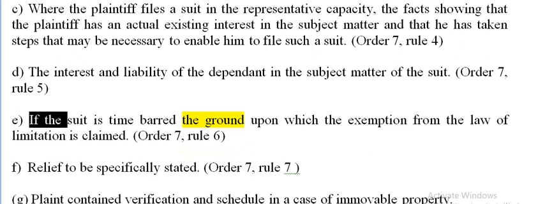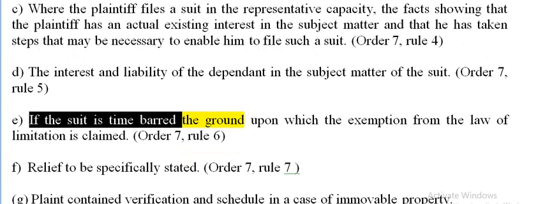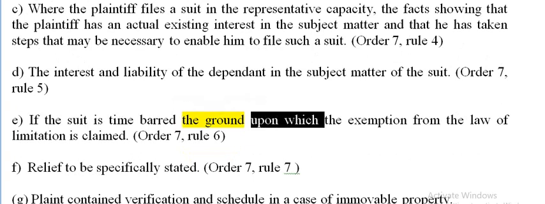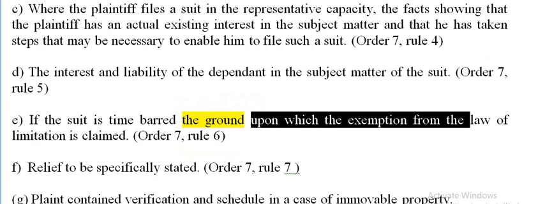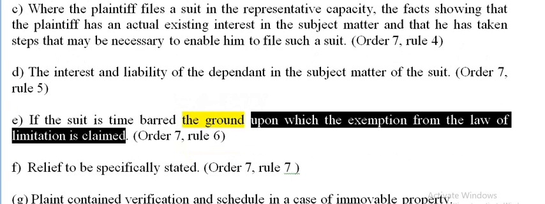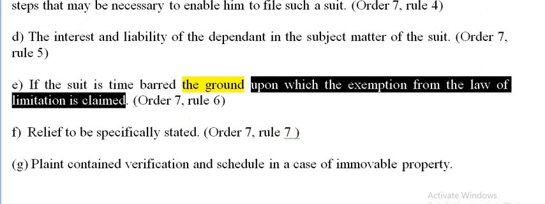Next, if the suit is time-barred, the grounds upon which exemption from the law of limitation is claimed. So we have to mention why it will be exempt. It is mentioned in Order 7 Rule 6.